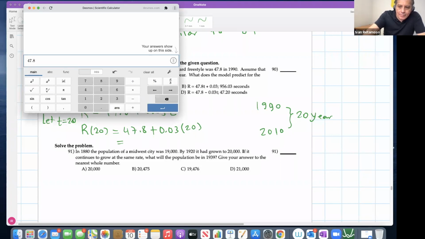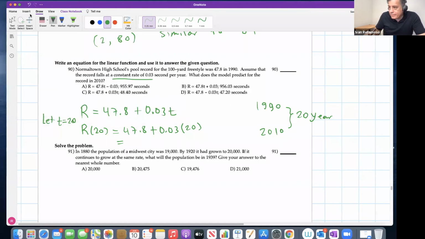47.8 plus 0.03 times 20, 48.4, right? Then we're talking about this.